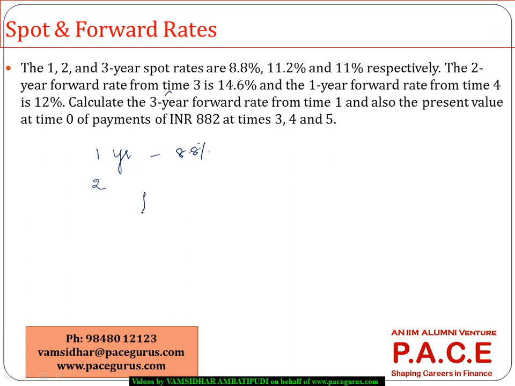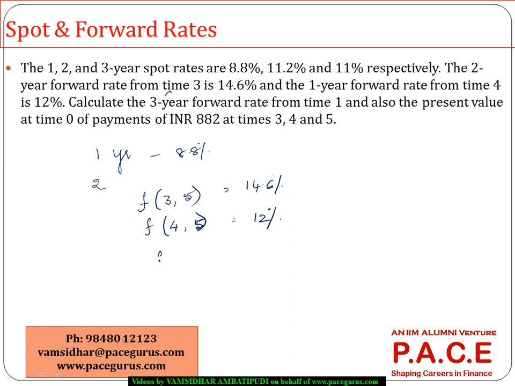Along with that, I have the 2-year forward rate from time 3, meaning between 3 and 5. The forward rate is being taken as 14.6%, and the 1-year forward rate from time 4, meaning F4,1 or 4 comma 5, somewhere between 4 and 5 years, it is expected that the interest rate is 12%.